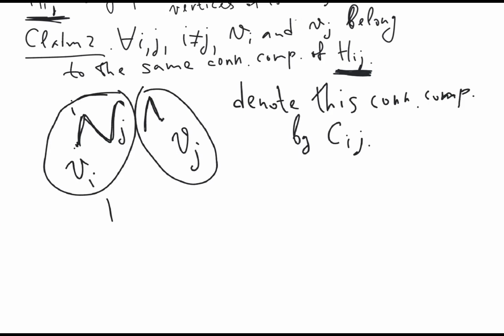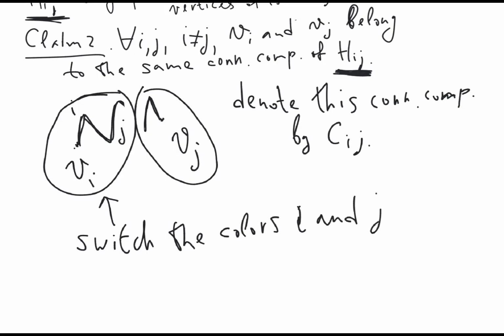And so let's switch the colors. In one of them, let's pick this one, let's switch the colors i and j in this connected component.